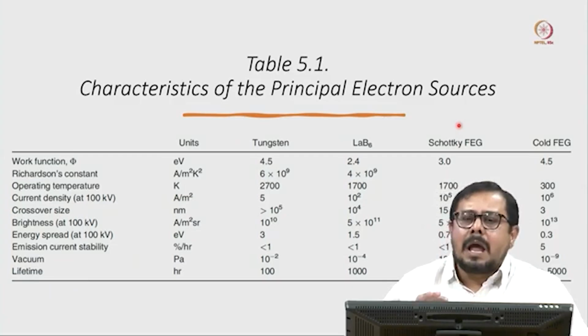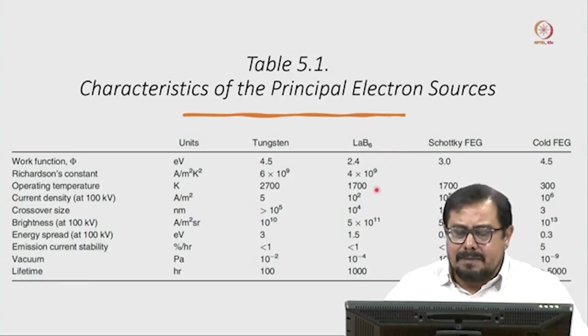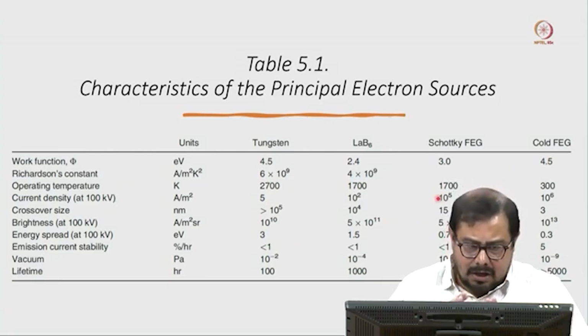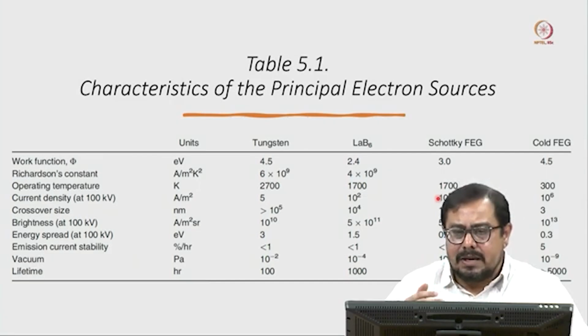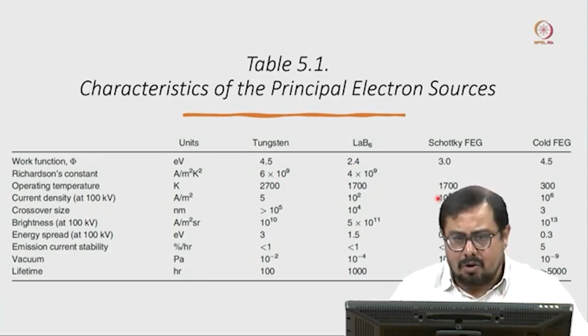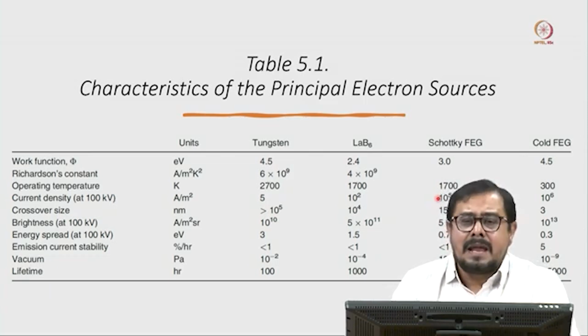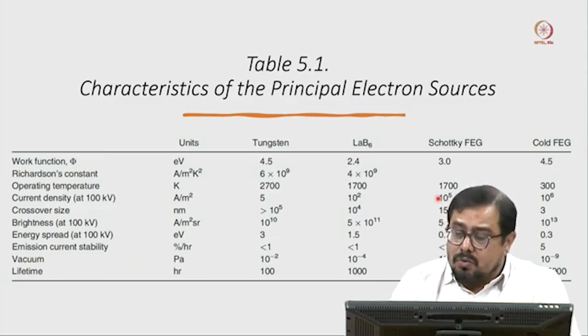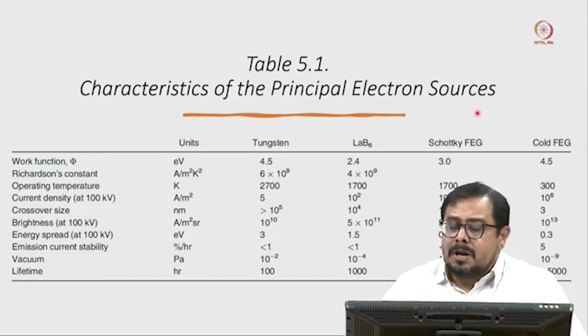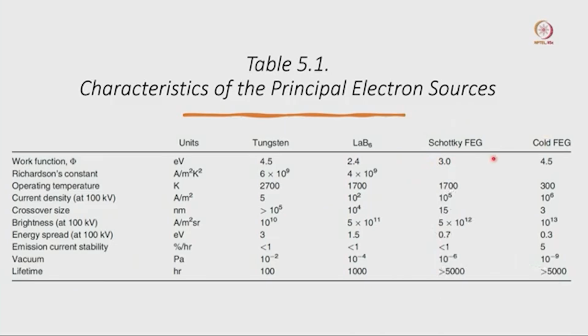That is the reason we need much brighter illumination, as well as a very coherent electron beam, because we are talking about characterizing those biological samples at atomic resolution. So we need a very coherent electron beam. That is the reason for cryo-electron microscopy we mainly use the Schottky filament or cold FEG.